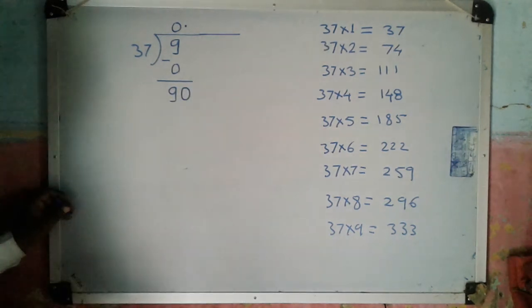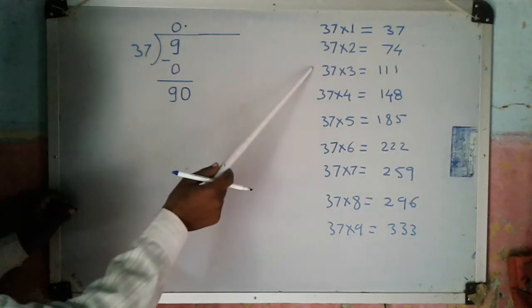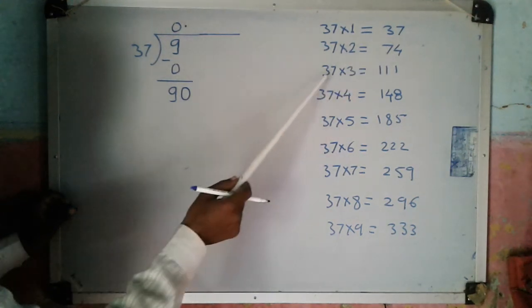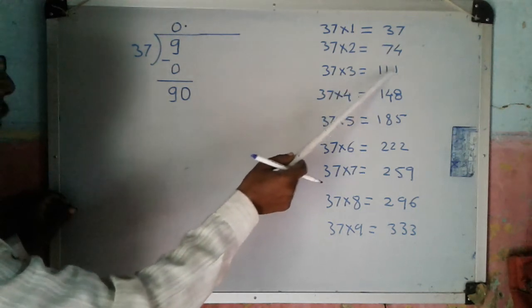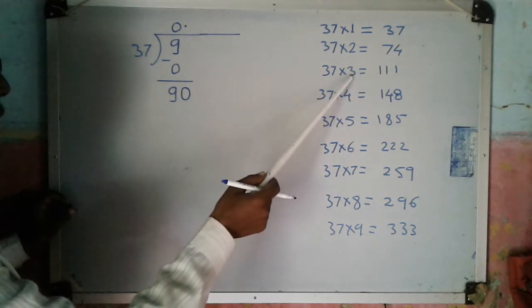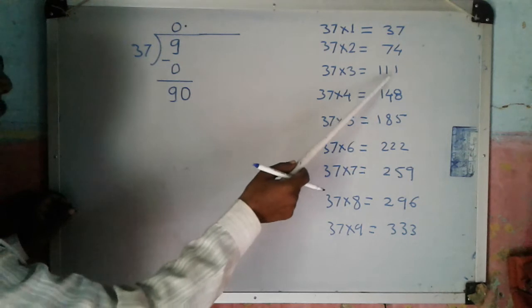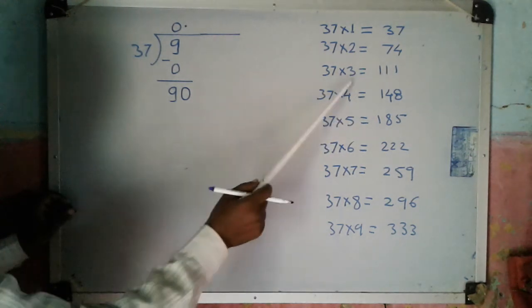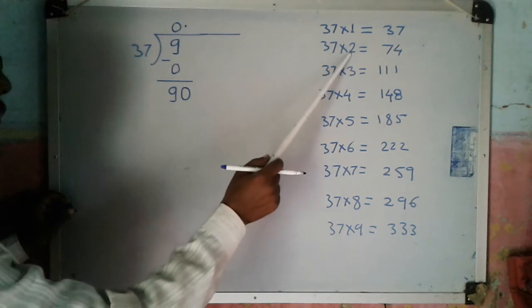Now use this table. Here 37 2s are 74 and 37 3s are 111. If we take quotient 3, then 111 is more than 90. So we can take quotient 2.